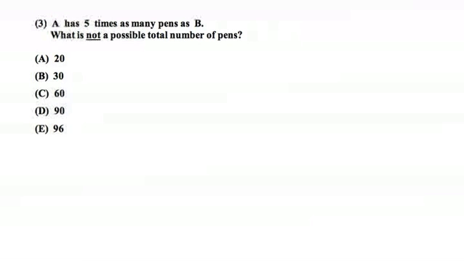Here, A has 5 times as many pins as B. What is not a possible total number of pins? So for every 1 pin B has, A has 5. So they're looking for a total, so you need a total line.